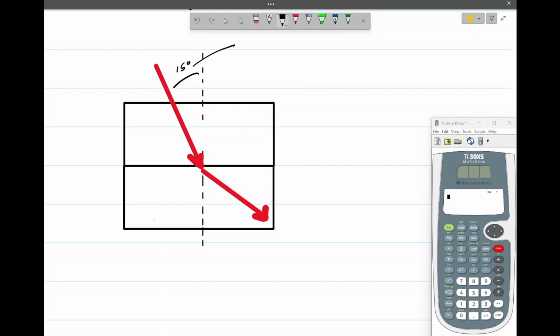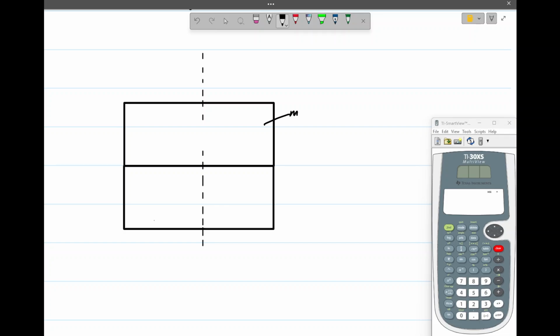We call this angle here angle 1, or we might call it the incident angle, theta 1 or theta I. We call this angle here, measured from the normal, theta 2, or it might be called theta R for the refracted angle. So what we have here, again, a couple different things going on.